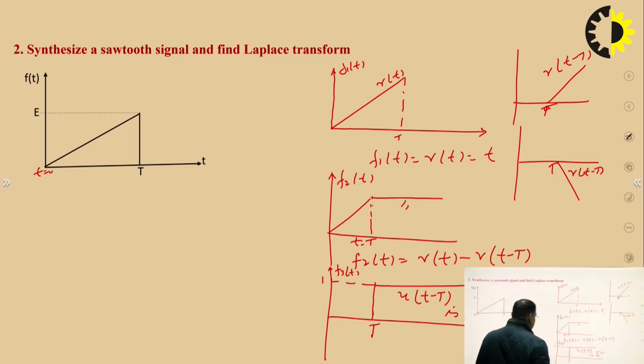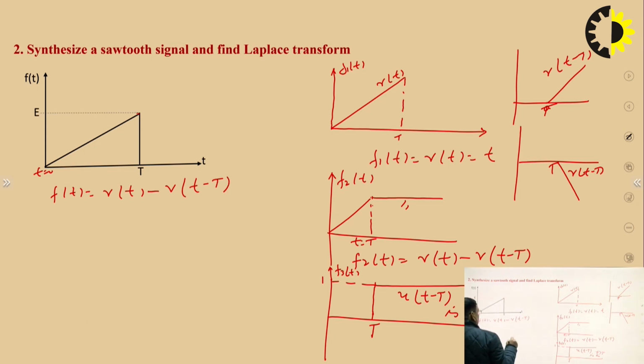So finally we can see it is basically a combination. We can write f(t) as the ramp r(t), which is increasing from 0 to T. It increases linearly with time, but if we deduct one of the same slope, the slope is 1, or we can say the slope is E by T. So this is r(t) minus r(t minus T) minus u(t minus T).